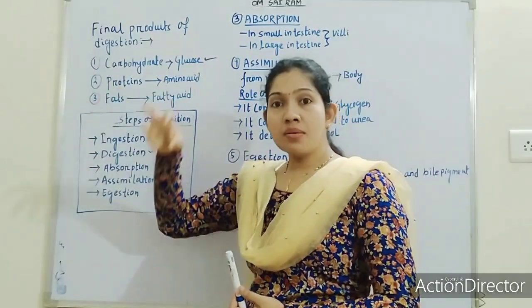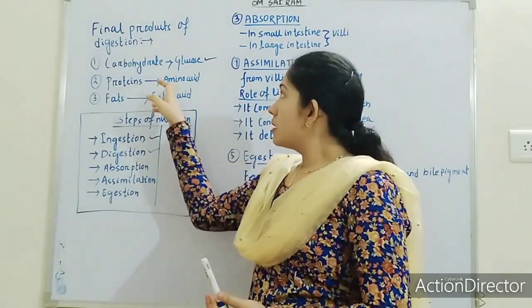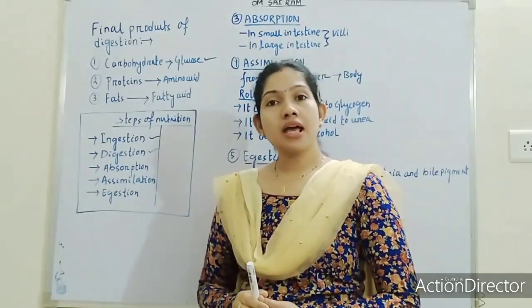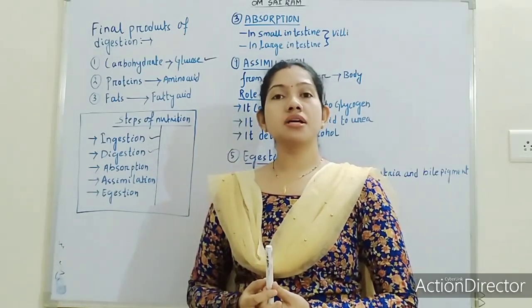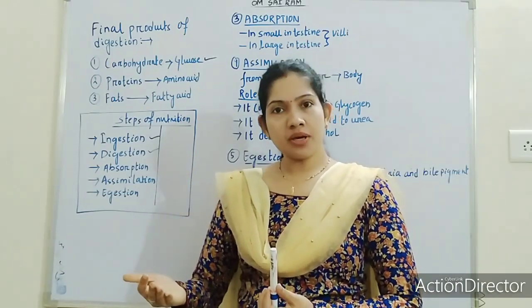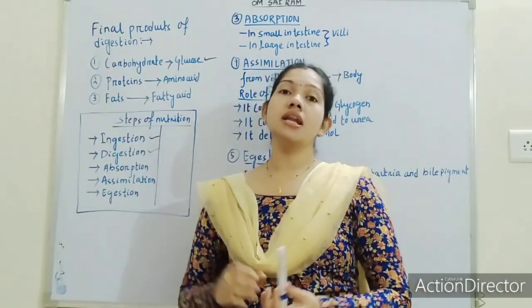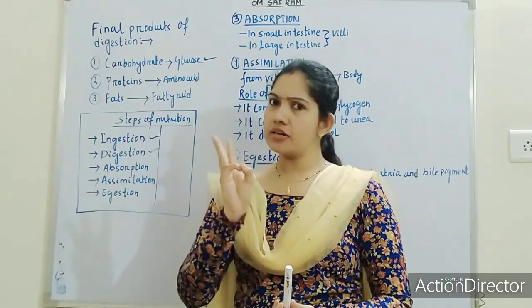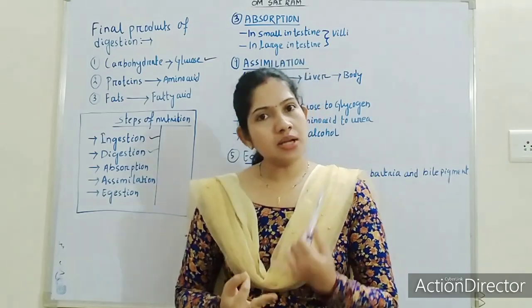Next, proteins will be broken down into amino acids with the help of proteolytic enzymes. Proteolytic enzymes are the enzymes that break down proteins. And fats will convert into fatty acids by the lipolytic enzymes. Three kinds of enzymes are there: amylolytic, proteolytic and lipolytic.